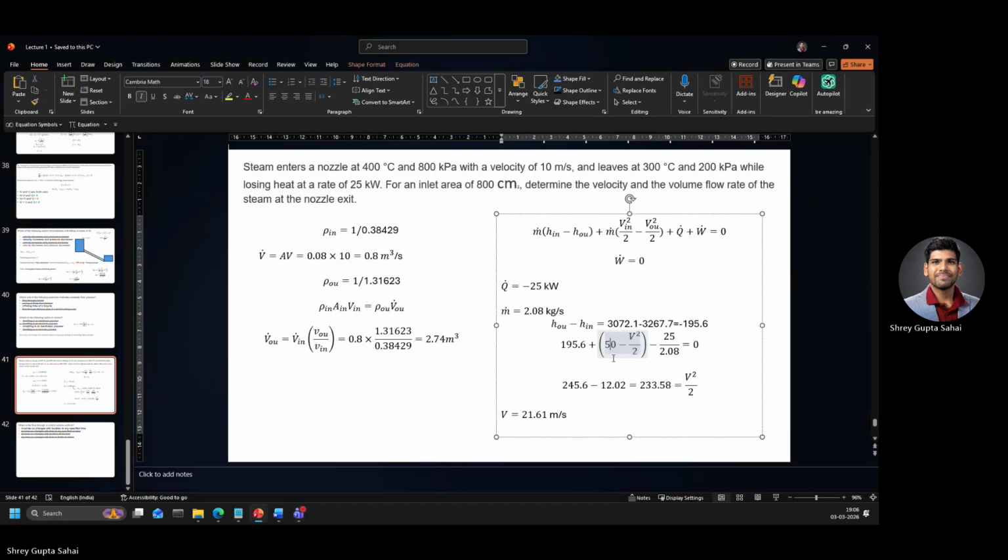Okay, this should not be 50 by 100. By the way, this should be 50 by 1000, first of all, because we have everything in kilojoules, right? I've taken 25. V square has to be also taken in kilojoules. That is one thing.